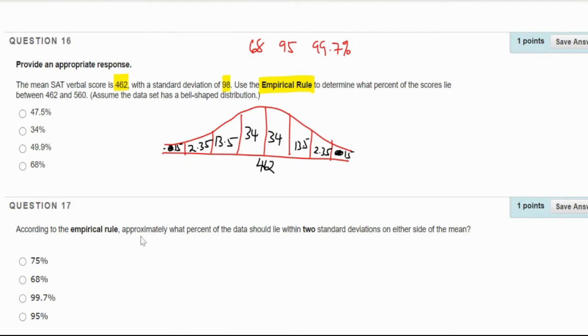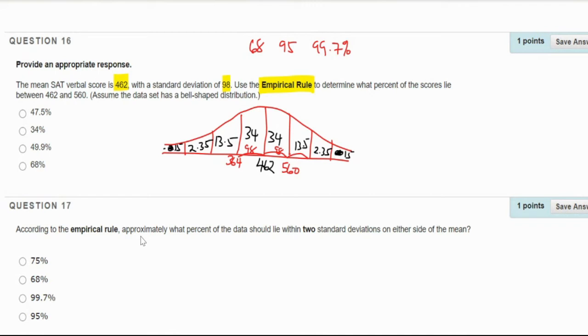Every step you move, you are adding 98. So plus 98 will be 560. If we move down, that would be 364 when you subtract 98. Every single move is 98.